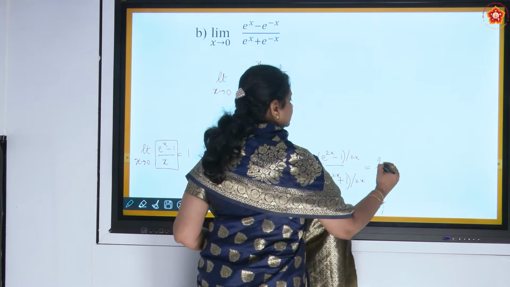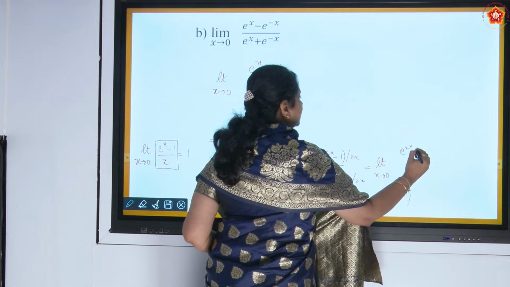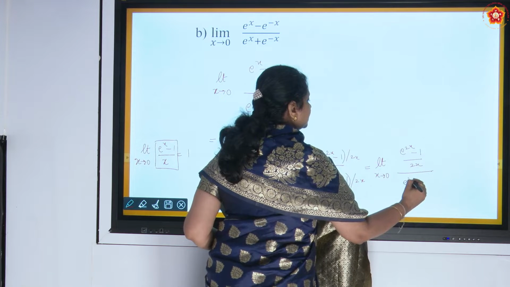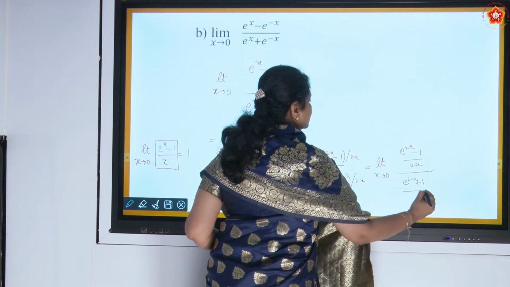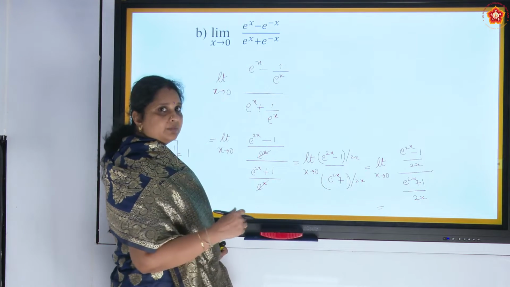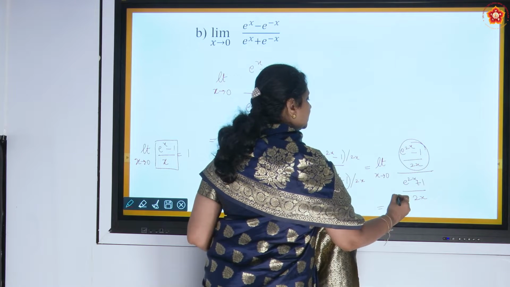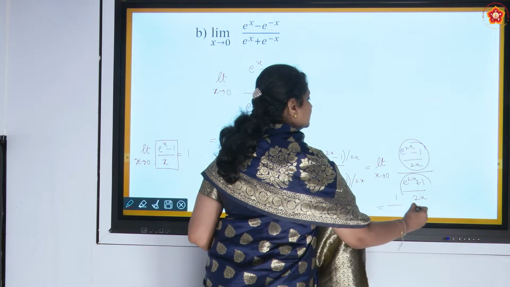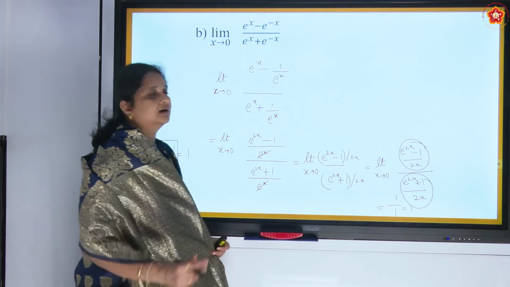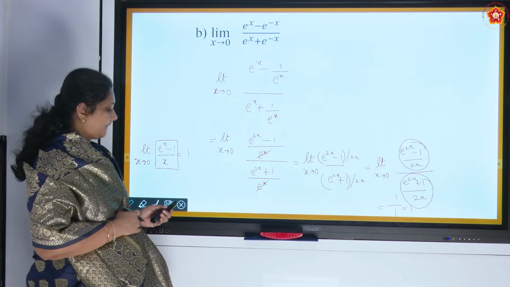So, I'm going to rewrite this as limit x tending to 0, e power 2x minus 1 by 2x divided by e power 2x plus 1 by 2x. So, now I can apply the limit both to the numerator and to the denominator. This gives me 1 and this gives me 1 and I get 1 as the answer. I hope you understood this.